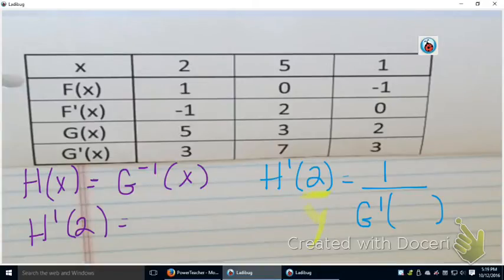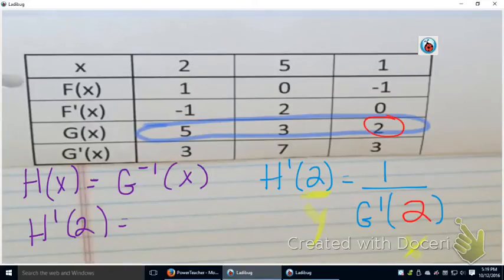Remember that 2 is y, and we're looking for the x that corresponds with it. So I go to 2 on g. Here's 2. 2 goes in the parentheses. I figure out g prime of 2, which is 3, and 1/3 is the answer.